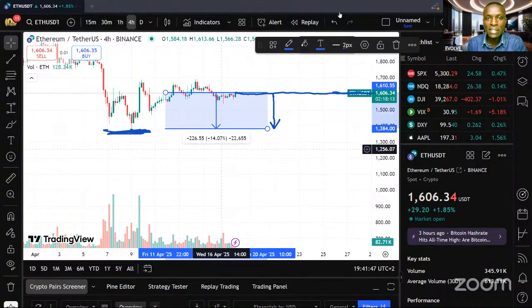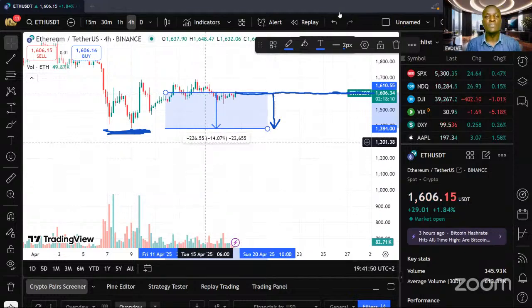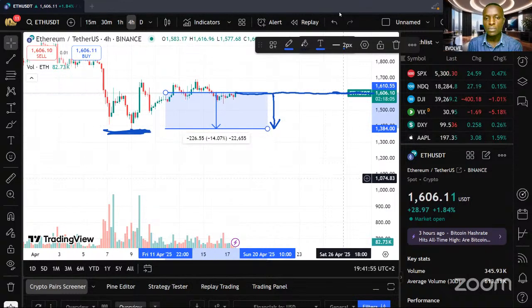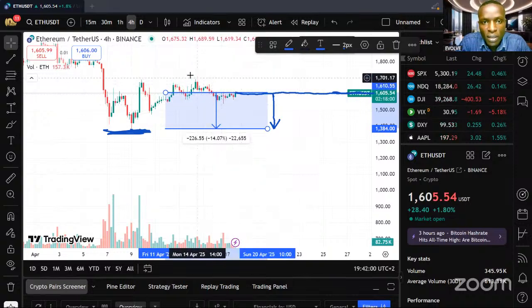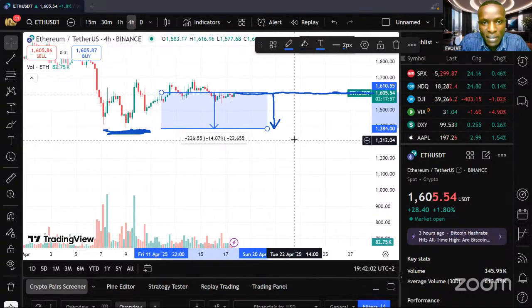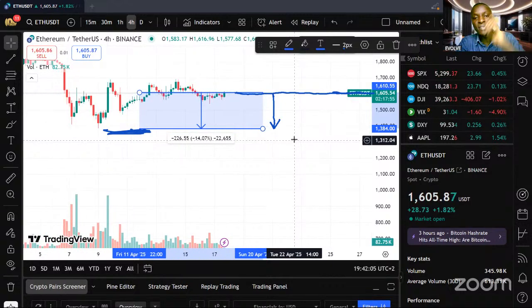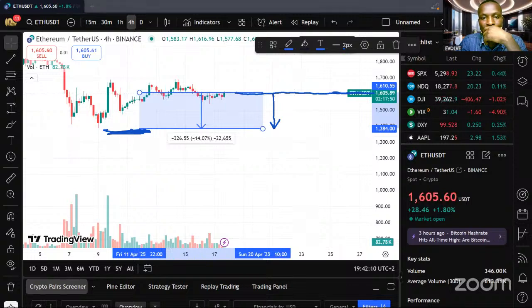What is the percentage? Can you type for me the percentage if you are following me? I have done the measurement. I want to trade Ethereum. Type the percentage.